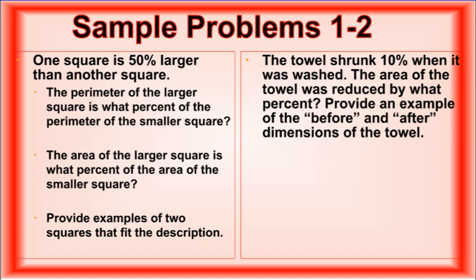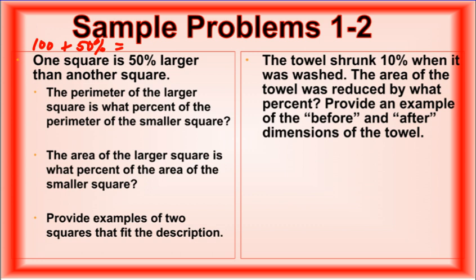One square is 50% larger than another square. If we just look at that part, 50% larger, you're comparing. If one shape is 100% and another square is 50% larger, it's 50 plus 50%.